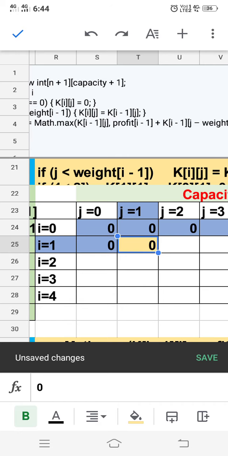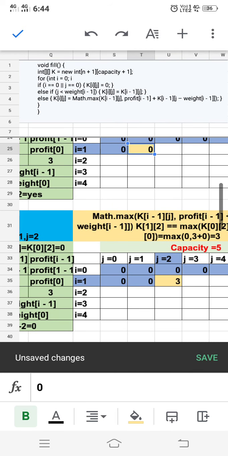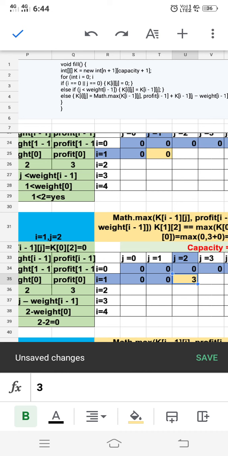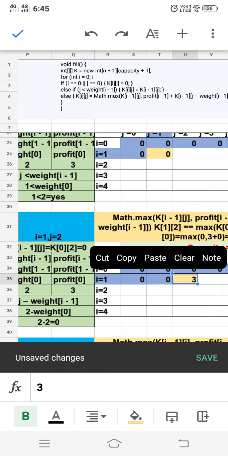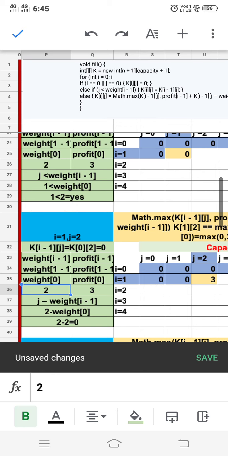Similarly next, update the j value for the same row i is equal to 1. The j value is 2, and the current object weight is 2. The condition j lesser than weight will become false, since 2 is not lesser than 2.